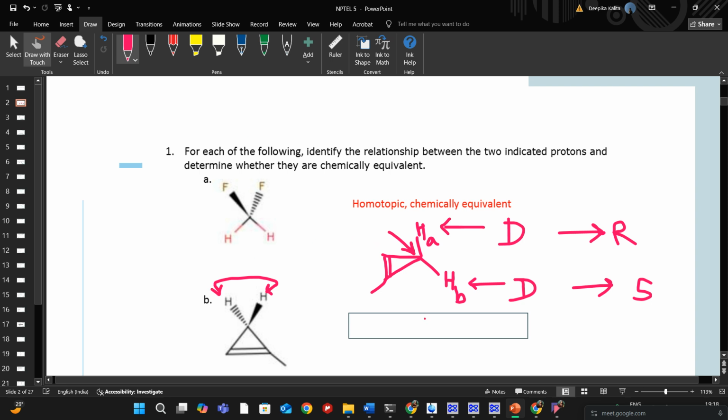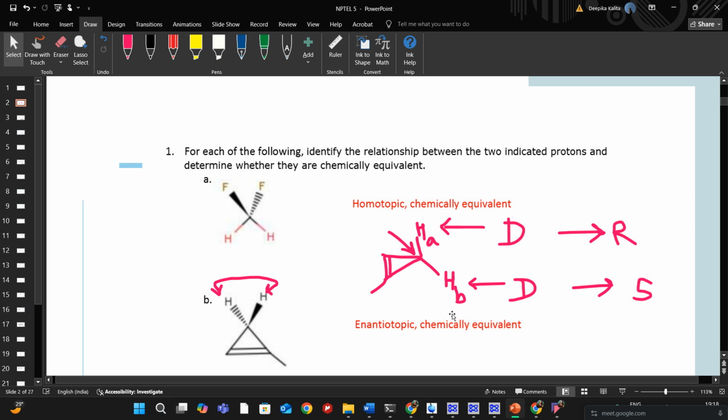Hence, by definition we can conclude that these two protons are enantiotopic. I hope it is clear to you.